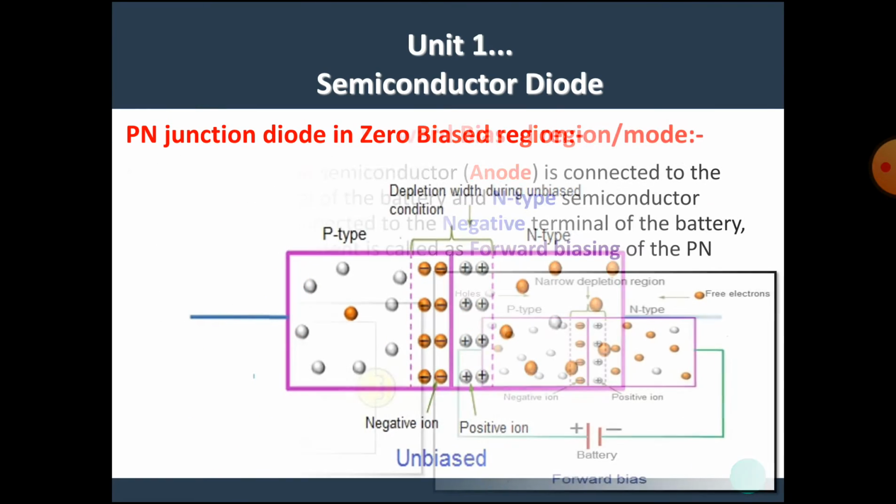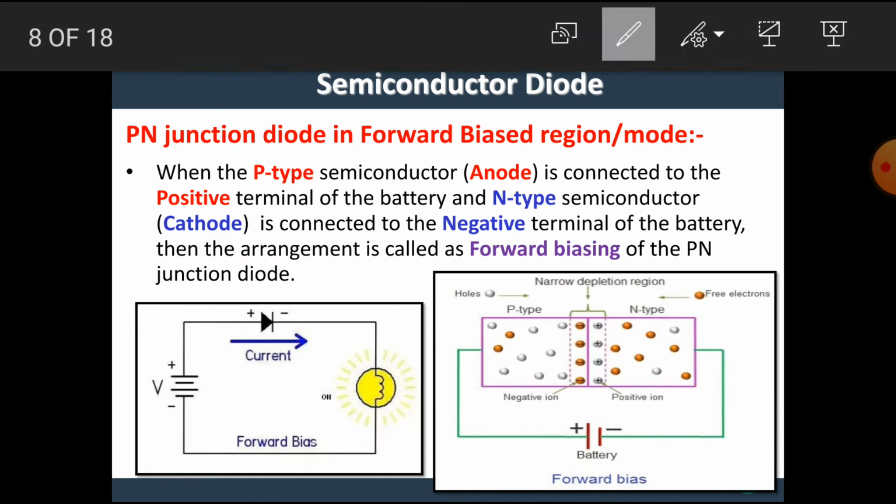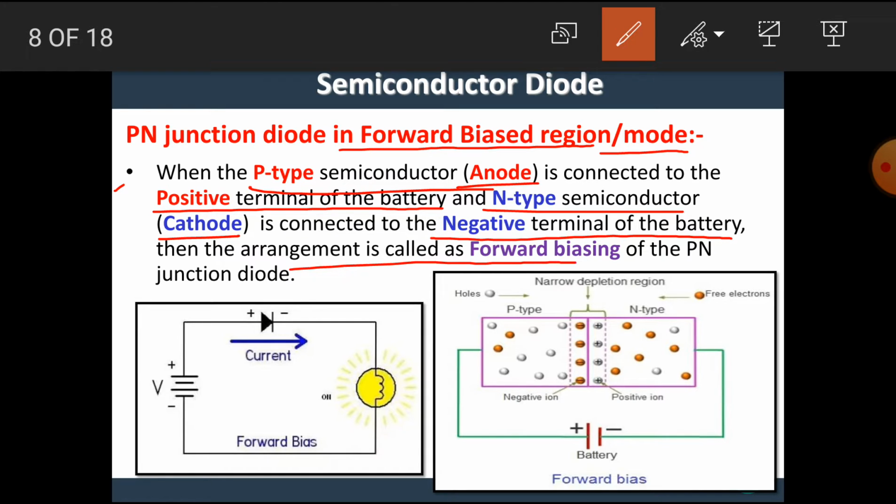Now let's see the p-n junction diode in forward bias region or forward bias mode. When the p-type semiconductor or anode is connected to the positive terminal of the battery and the n-type semiconductor or cathode is connected to the negative terminal of the battery, then the arrangement is called forward biasing of the p-n junction diode.